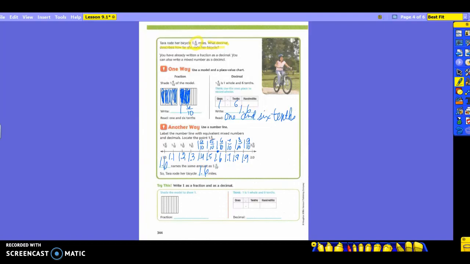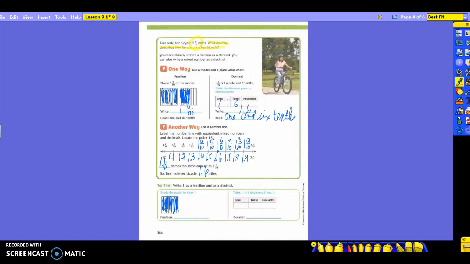Okay. Alright, they're going to have you try something down here at the bottom. You're going to write 1 as a fraction and as a decimal. So, what are you going to do on the first model? Shade the whole thing. Isn't it 1 whole? It didn't say anything about tenths, did it? Nope. So, written as a fraction, what am I going to write this to look like?